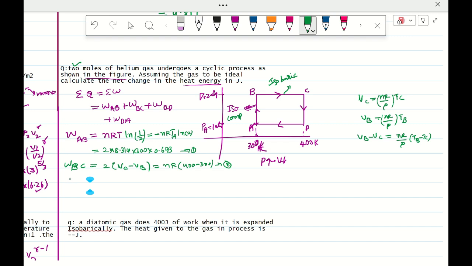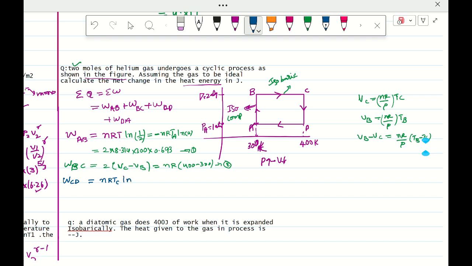So now the work done from C to D. This is also isothermal, here it is isothermal expansion. If AB is isothermal compression, then CD is isothermal expansion, that is equal to nR Tc, or Td, both are the same, the temperature is the same.